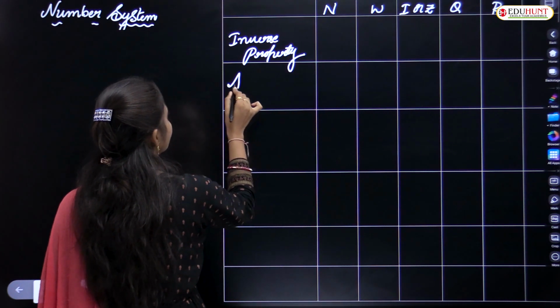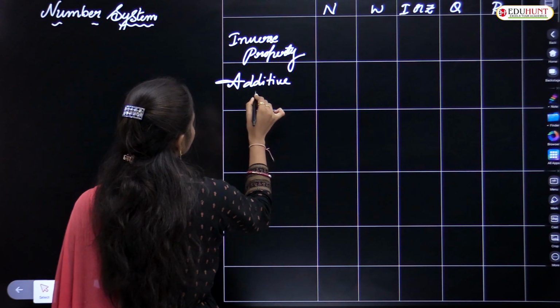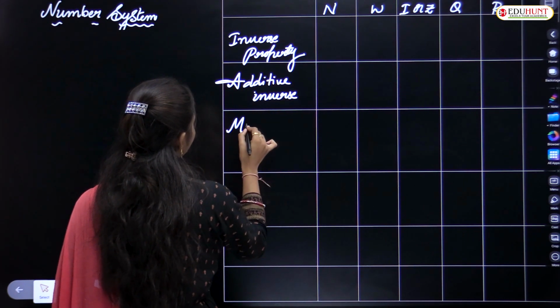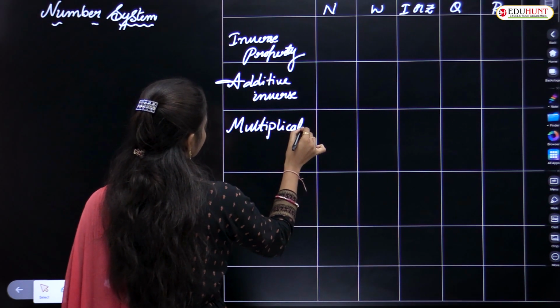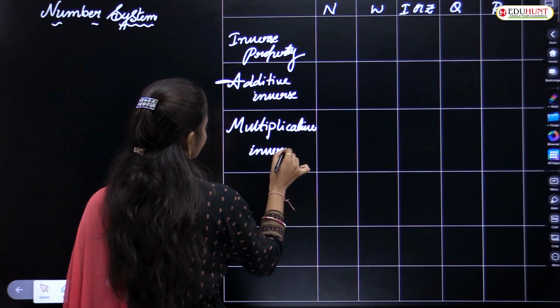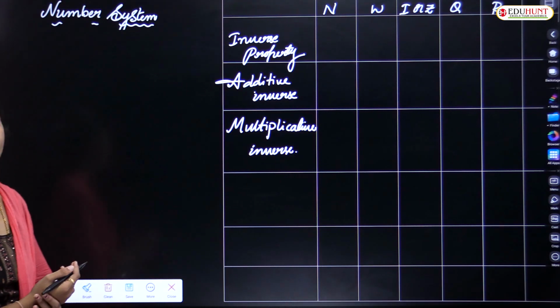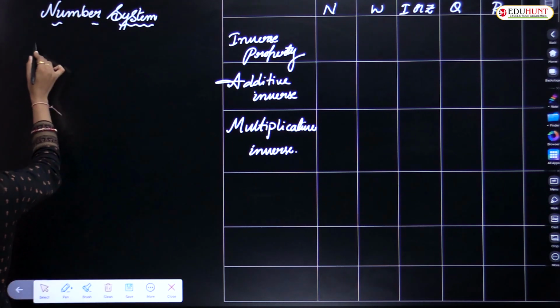Okay, so here additive inverse, and here multiplicative inverse. Here we can observe that of these two, one is the additive inverse and another one is the multiplicative inverse. So what is the definition?